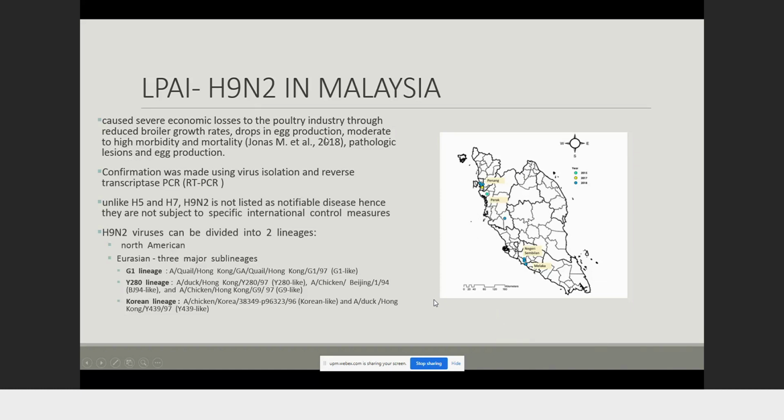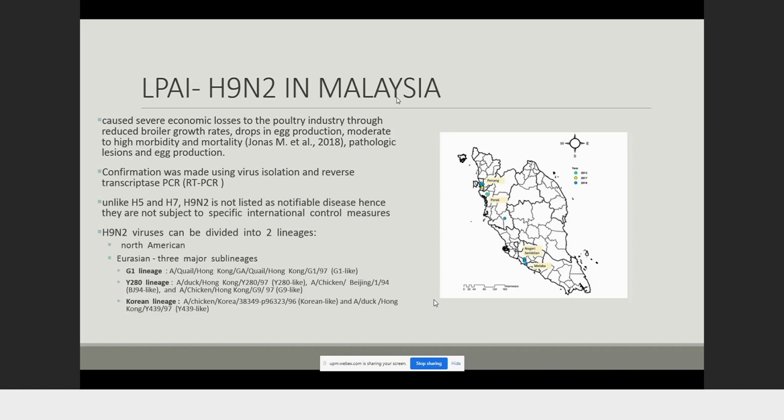So what happens is that LPAI causes reduced broiler growth rates and drops in egg production. If you remember back in 2017, 2018, if I'm not mistaken, there were no eggs in the supermarket. During that time it was due to low pathogenic avian influenza H9N2.